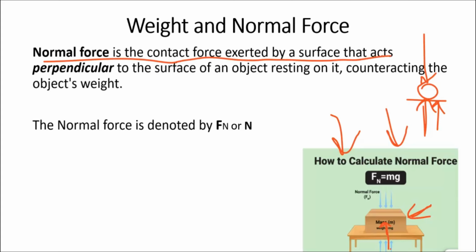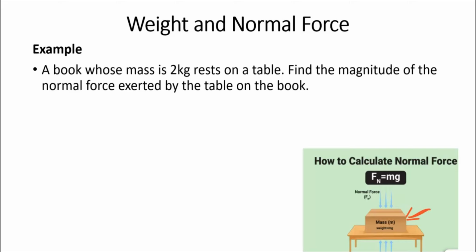An object whose mass is 2 kilograms rests on a table. This is an object. Find the magnitude of the normal force exerted by the table. So we have it, just the same thing.